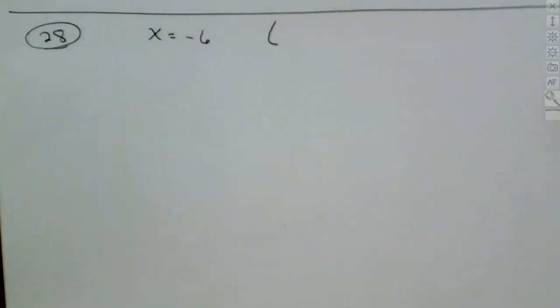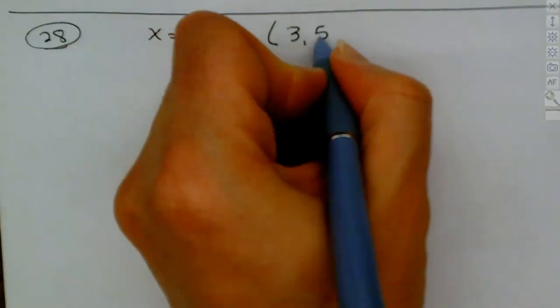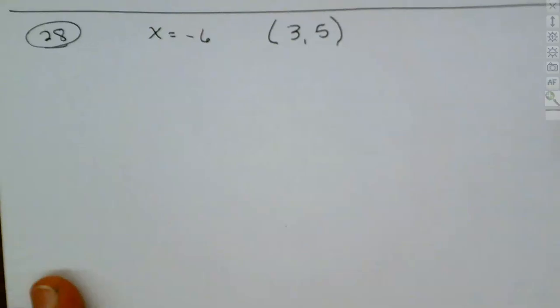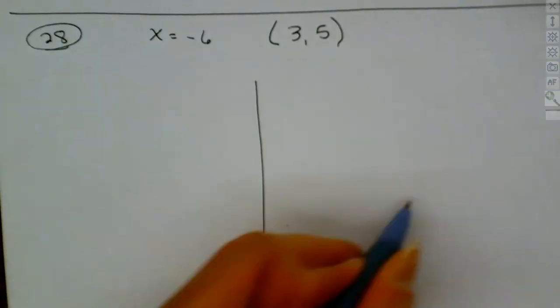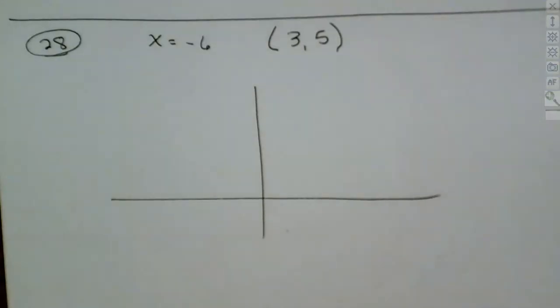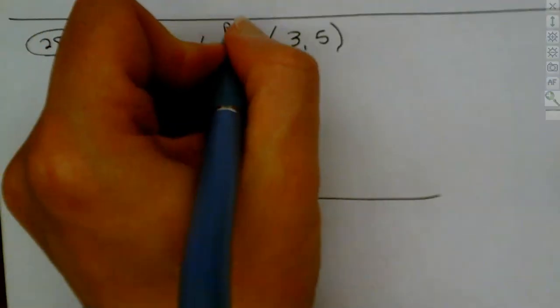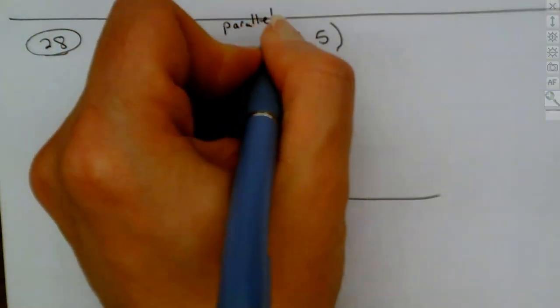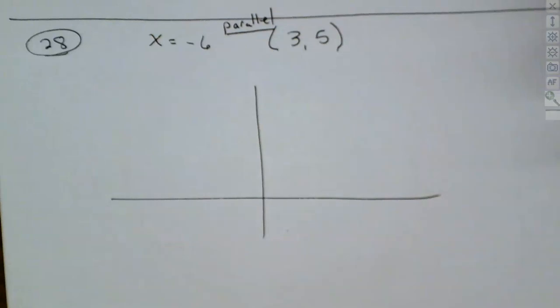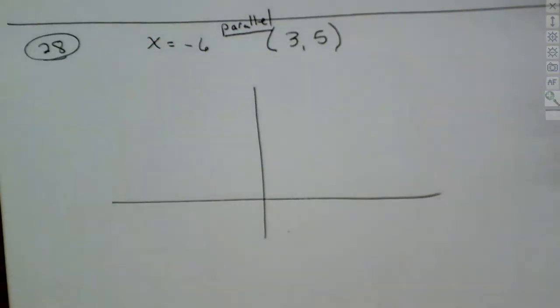So on question 28, we've got x equals -6, and we've got the point 3, 5. I'm going to do this one graphically, and we want these to be parallel.